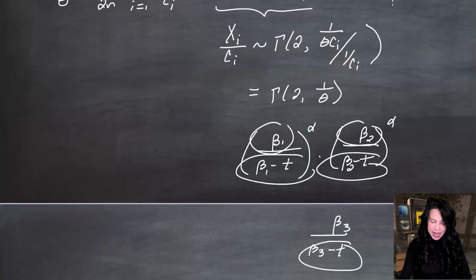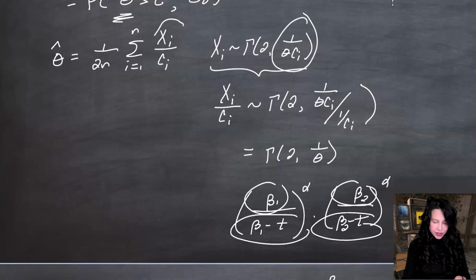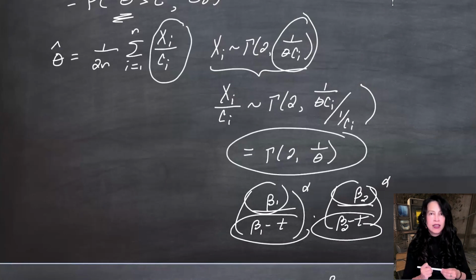So if we had different betas, like it appears we have here, the sum of those gamma random variables is not going to be another gamma. But after doing this kind of transformation, we actually did end up with gamma random variables that have the same beta.